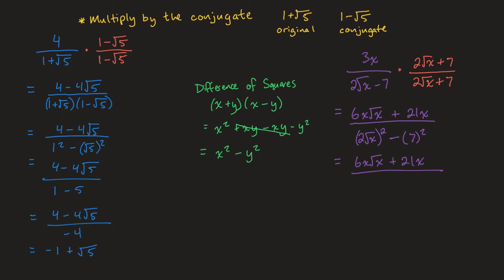So if we have 2 root x squared, we want to square this coefficient at the front. So it's going to become 4, and by squaring root x, we're just left with x. And this is going to be minus 7 squared, which is just 49. As you can see, we no longer have a radical in our denominator, so we have successfully rationalized this denominator.